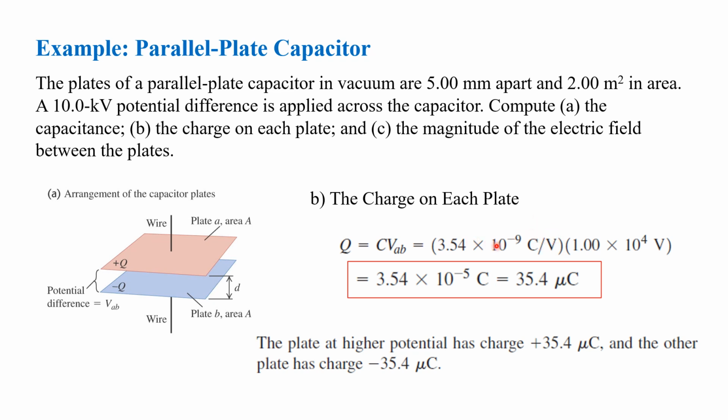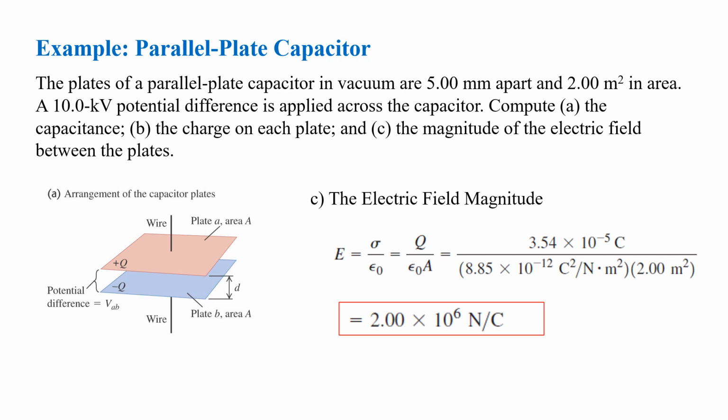So you have 3.54 times 10 to the negative 9 coulombs per volt times the potential difference, 10 kilovolts, which we change to the standard unit of 1 times 10 to the 4 volts. Solving this, we get a charge of 3.54 times 10 to the negative 5 coulombs, or 35.4 microcoulombs. The plate at the higher potential has a charge of plus 35.4 microcoulombs, and the plate at the lower potential has a charge of negative 35.4 microcoulombs.